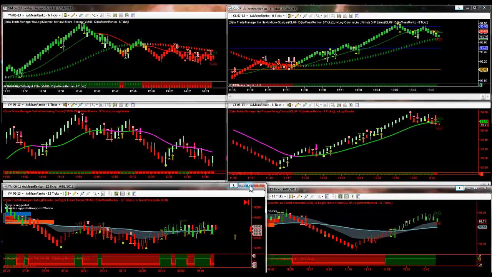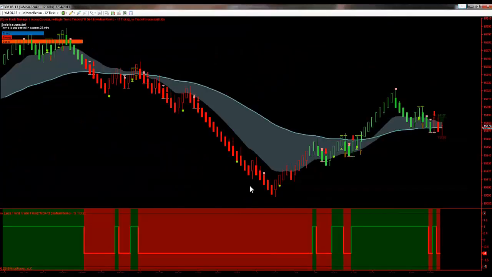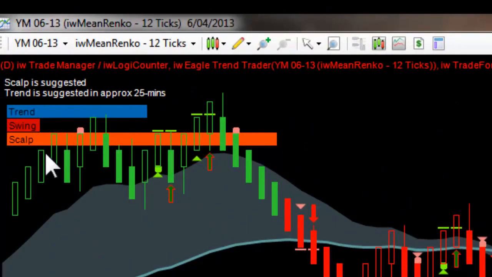Let's take a look here at the YM, the mini Dow, and you can see that right now the scalping environment is very, very dominant, swing trading is kind of weak, and it's telling me that a trend is actually building.